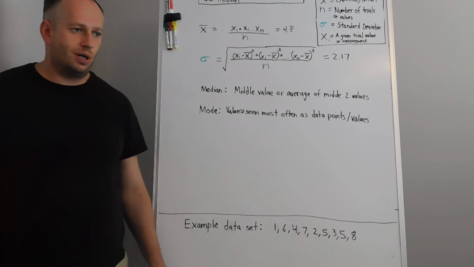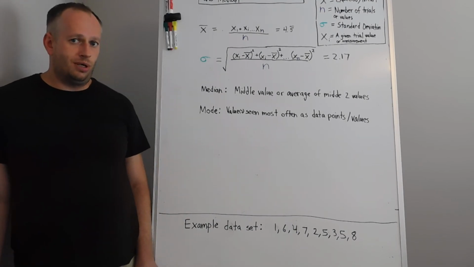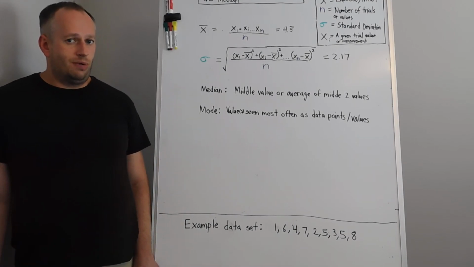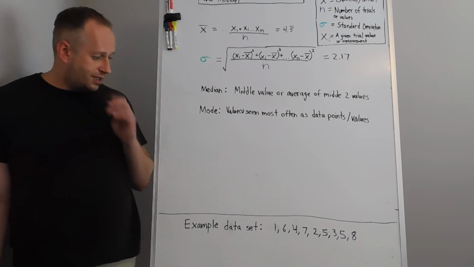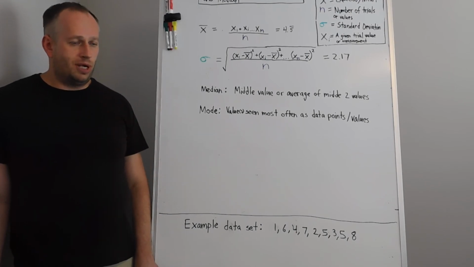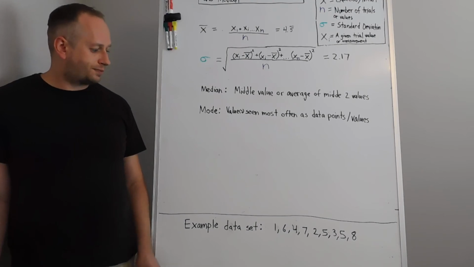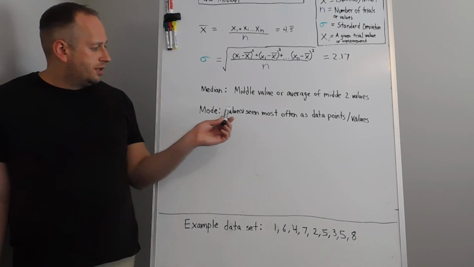Like with income, for example, a lot of times they use the median income, which is the middle value of income. Yet the average might be higher because some people may have a lot more money, right?